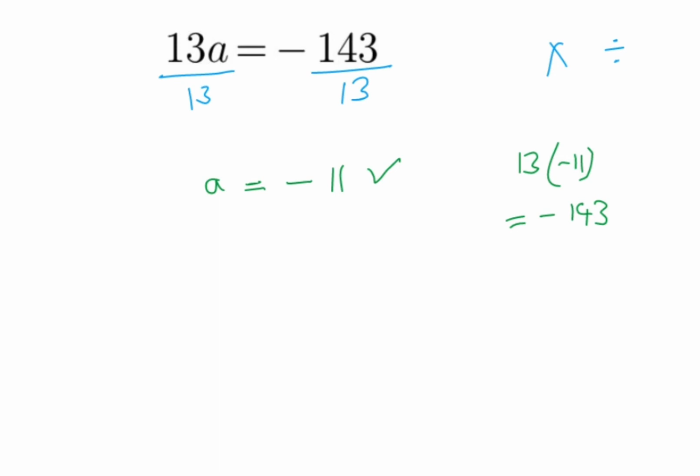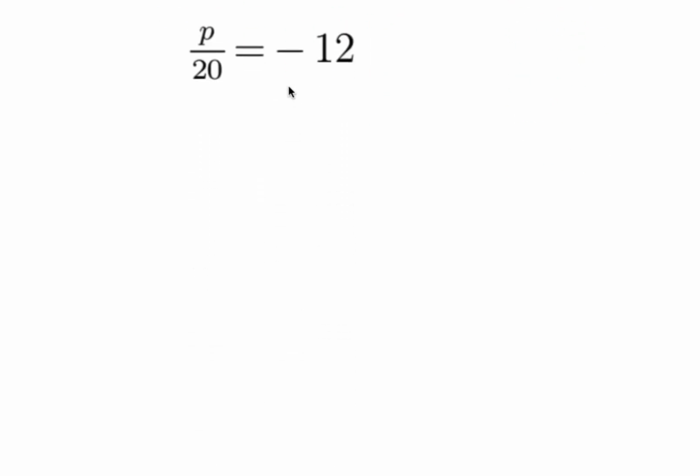Okay, now this question. Here p divided by 20. Divided, so how to remove 20? Here 20 is dividing, so on both sides multiply, because what is the opposite of division? Multiplication. Very simple question, just one rule. That means opposites: addition, subtraction, subtraction, addition, multiplication, division, division, multiplication. That's it. So here it is divided, so we have to multiply and cancel out.